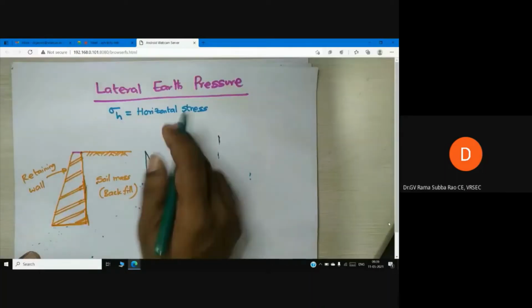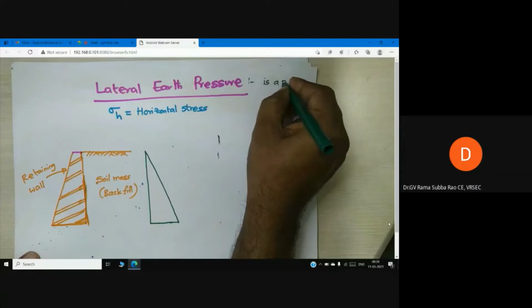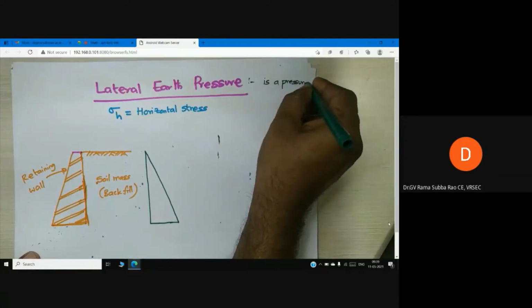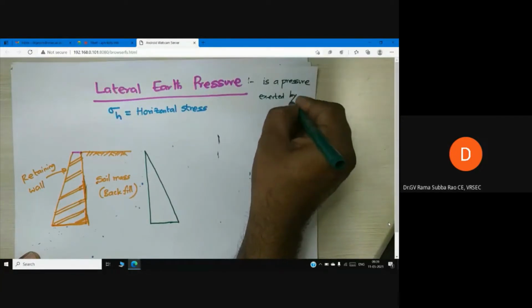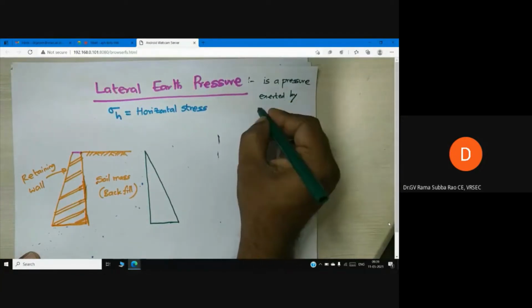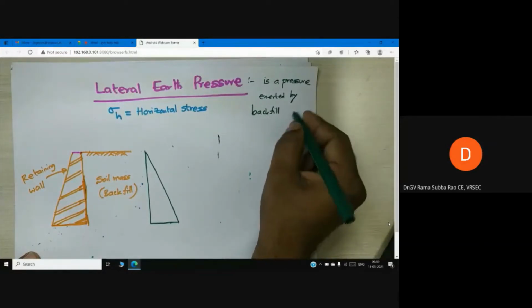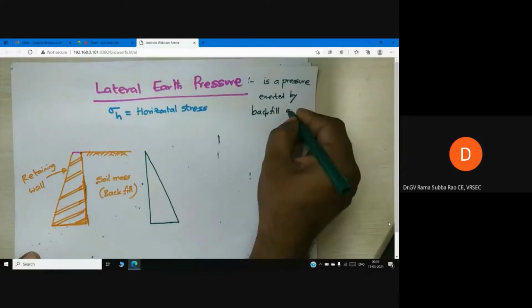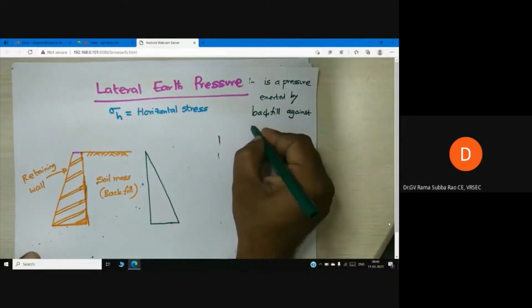So lateral earth pressure is a pressure exerted by backfill. Pressure exerted by backfill against a retaining wall.